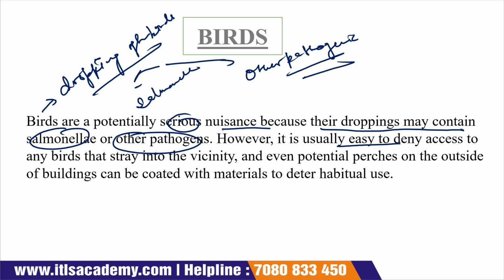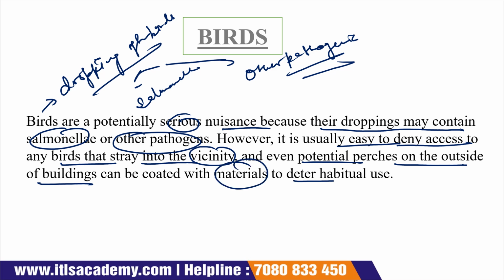However, it is usually easy to deny access to any bird that strays into the vicinity, and even potential perches on the outside of the building can be coated with a material to deter habitual use.